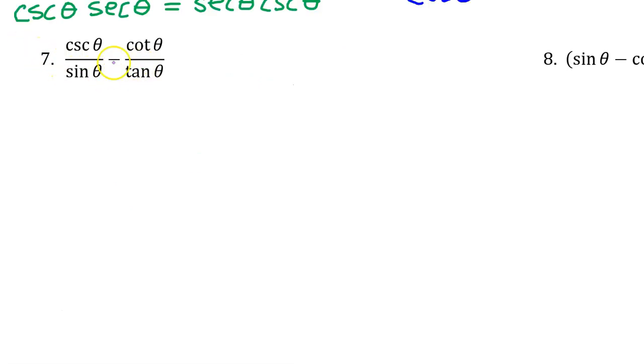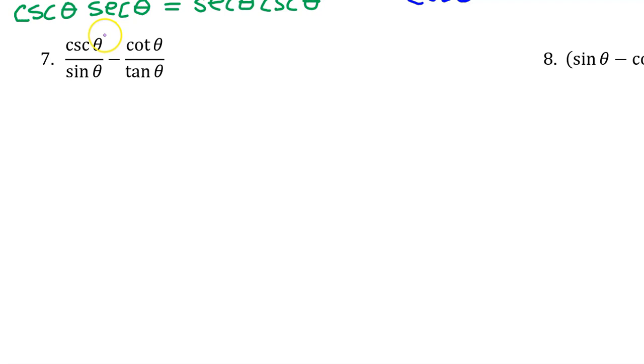For number 7, a valid strategy would be to rewrite everything in terms of sine and cosine right from the start. However, I'm noticing that cosecant theta and sine theta are reciprocals of one another. Also, cotangent theta and tangent theta are reciprocals of one another. So I'd like to play around with that and see if we can use that relationship to simplify the expression.